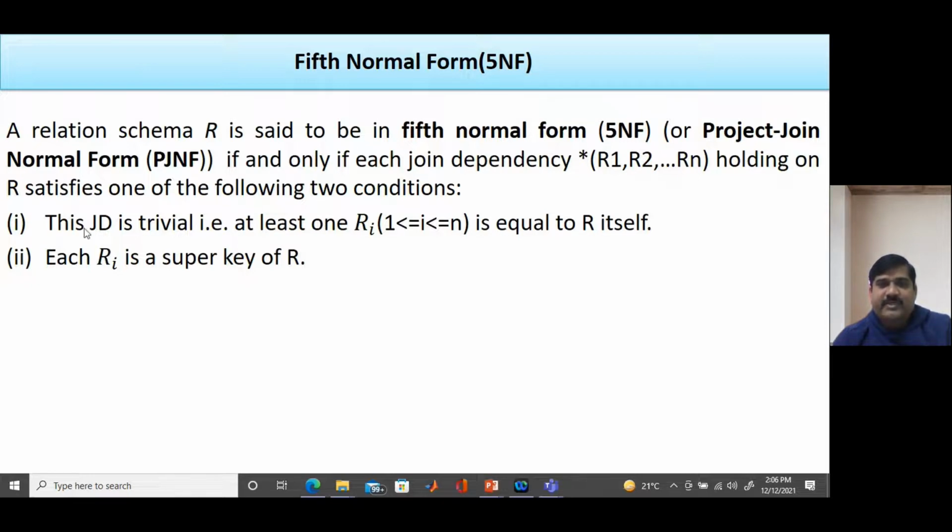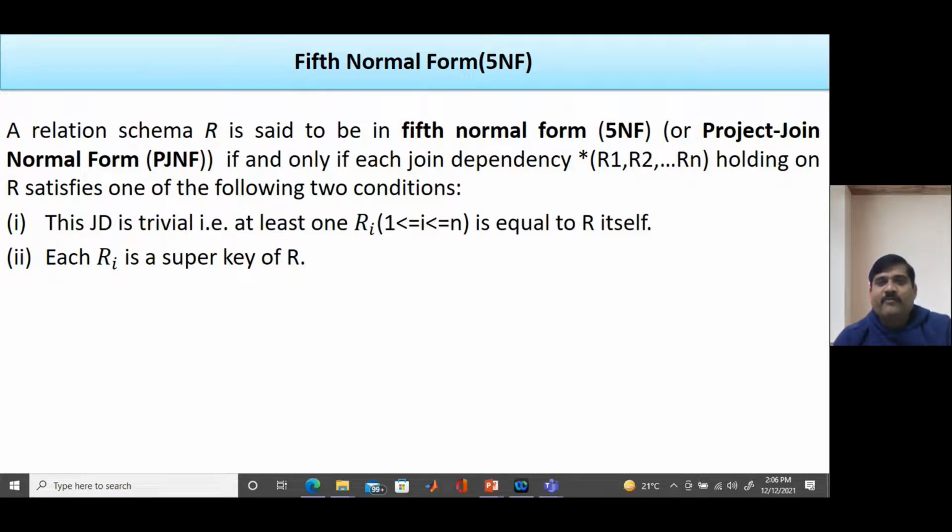First, this join dependency is trivial. We say that a join dependency is trivial if at least one Ri is equal to R itself, or each Ri, meaning each subschema, is a super key of R. Then only we will say that R is in fifth normal form.